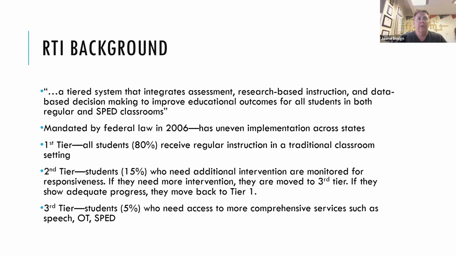If being in tier two identifies more issues that require more intensive intervention, then they will move to tier three, right? And tier three is those students who need more comprehensive services. So maybe they need some speech therapy, occupational therapy, maybe they need access to some special education resources. Okay, but the idea is that students are moving toward tier one as much as possible.